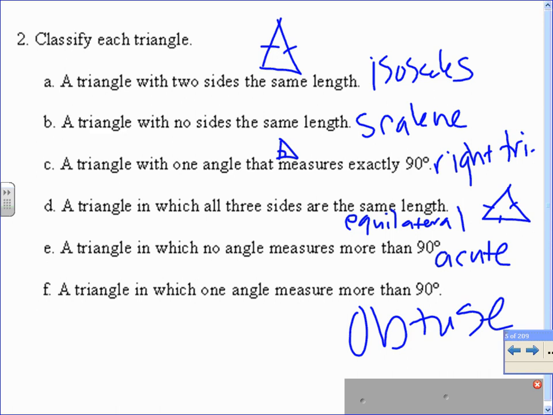So in other words, all the angles are less than 90 degrees. Obtuse has one angle that's more than 90 degrees. That was really fast though, are you sure? Have you ever heard of them? Okay. All right. We're going to get to more of it today. Okay. Annalise?